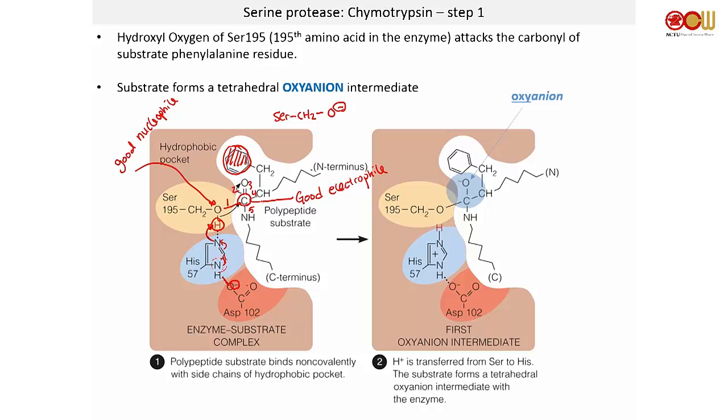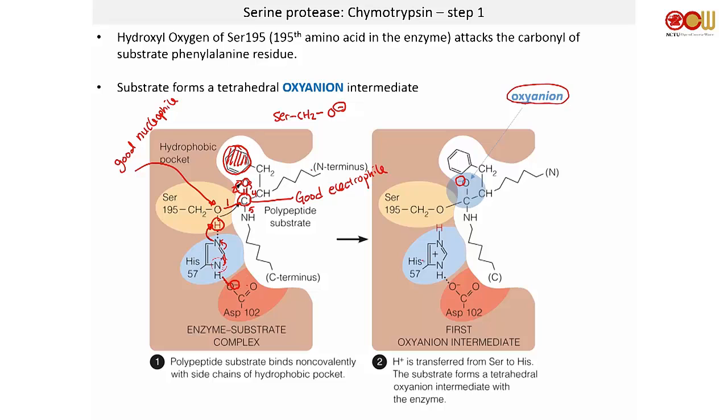Obviously, carbon cannot have 5 bonds. So one of the bonds on the C=O double bond, the pi bond, is going to pop up to the oxygen. And then you form this tetrahedral intermediate called oxyanion. Oxy stands for oxygen, oxygen anion. Okay, so you have a negative charge right there.